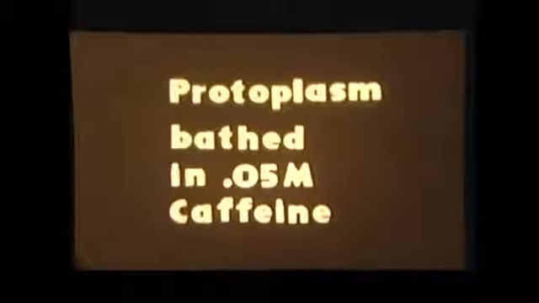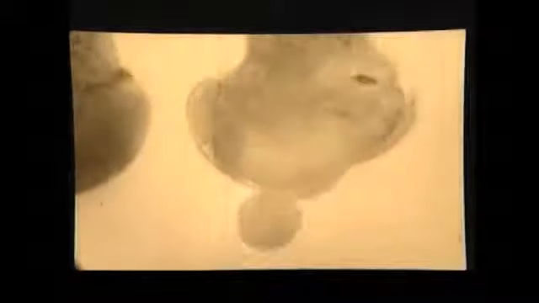I have done much work on toxicity, observing the effects of poisons. Here's what sulfur dioxide does to protoplasm. If anesthetic agents gelatinize protoplasm, stimulants should have the opposite effect, and so it proved. They liquefy protoplasm. The protoplasm here is literally pouring out into the surrounding medium, going into solution.